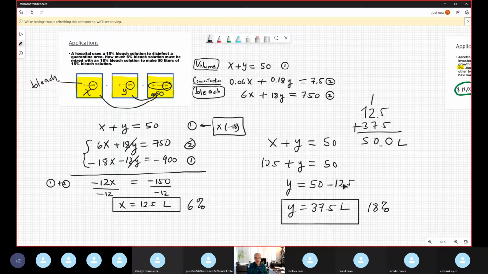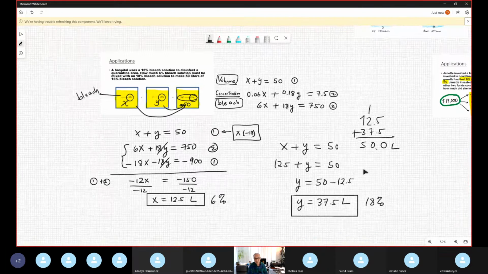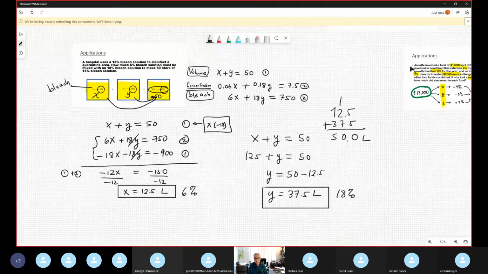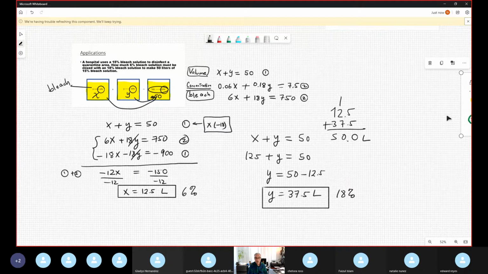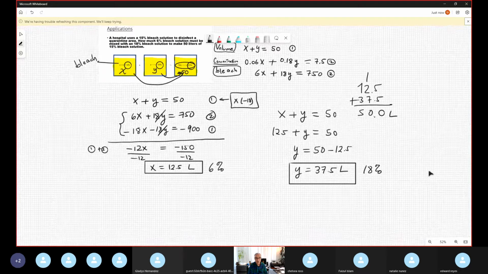And checking the concentration. Not necessary to do this, but this is your word problem, and I want to make sure I don't make a mistake because it's dangerous for the hospital, no? I'm double checking in the equation of the concentration, or bleach equation, which is 6 times 12.5 plus 18 times 37.5.